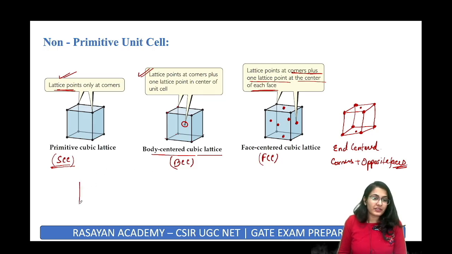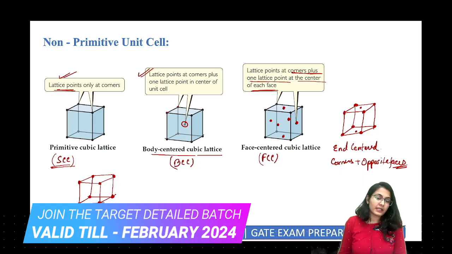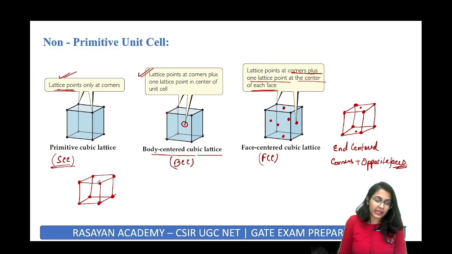Then we have edge-centered cubic lattice. Let's not leave that out. So what is edge? Again, all the corners like this. Along with all the corners, there are going to be how many different edges or sides? 12 different sides. So I'm going to mark it with a different pen. This is one edge.